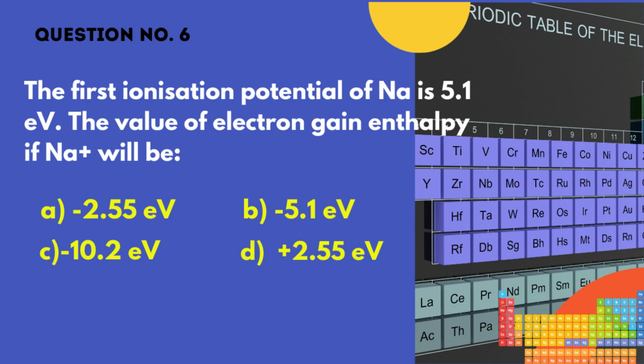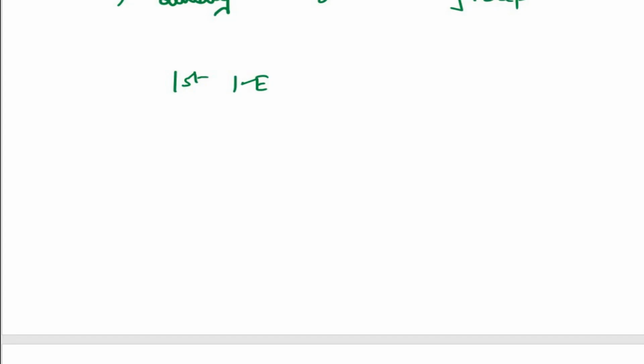It's given that the first ionization potential of sodium is 5.1 electron volt. Whenever you read this sentence, the first thing that should come to your mind is: what is ionization potential? What do you mean by this value? Ionization energy or ionization potential is the energy required to remove an electron from the outermost shell of sodium.